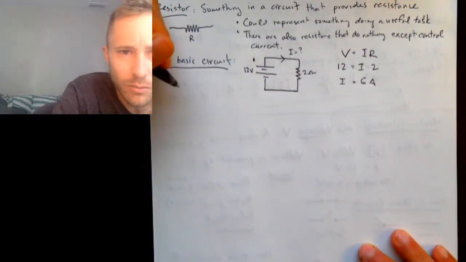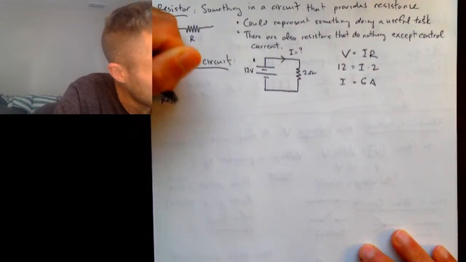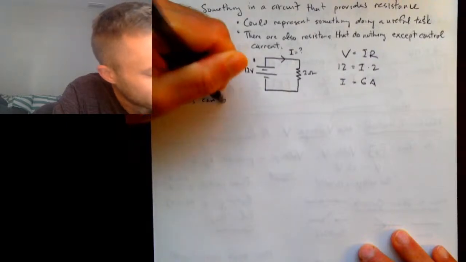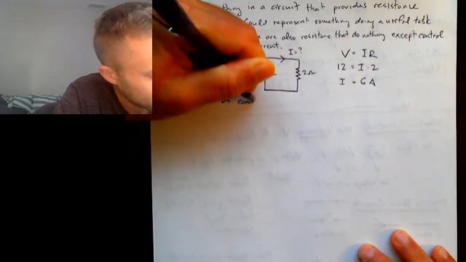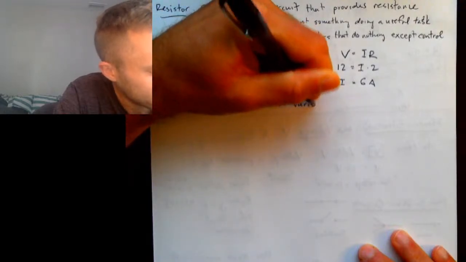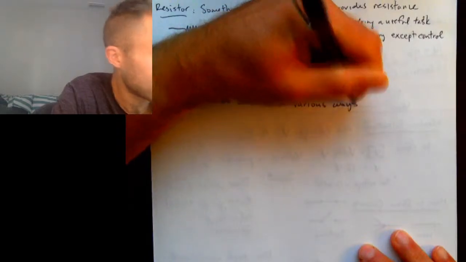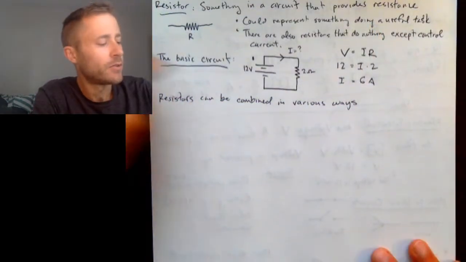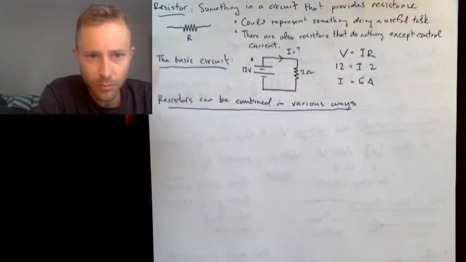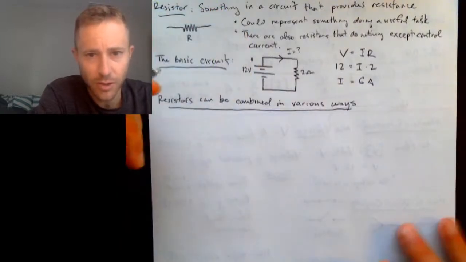Now, resistors can be combined in various ways. All right. So let's talk about some of the common ways that resistors, or circuit things in general, can be combined.